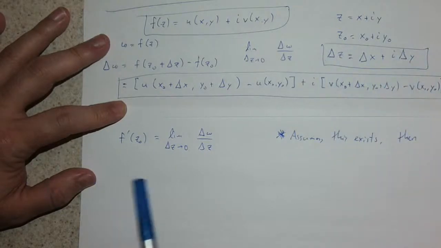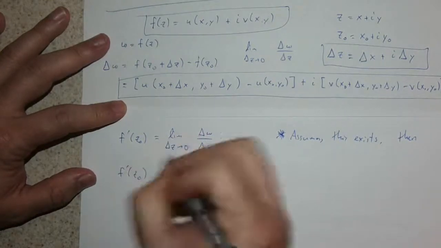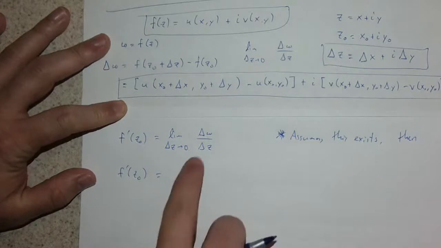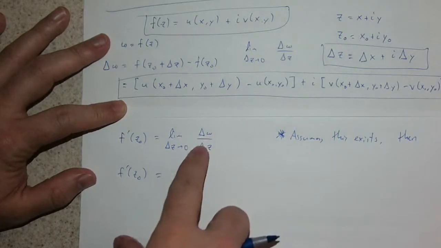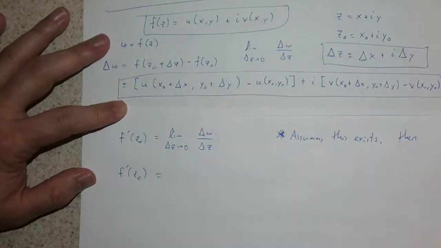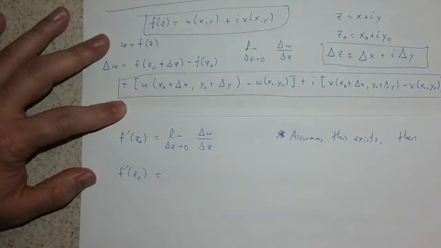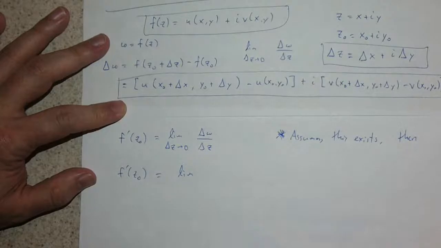Then f prime of z naught can be rewritten by just taking the real and imaginary part of this thing and setting it equal to these things. I'm not going to rewrite the whole thing because it would take too long, but this is what delta w is in terms of u and v.